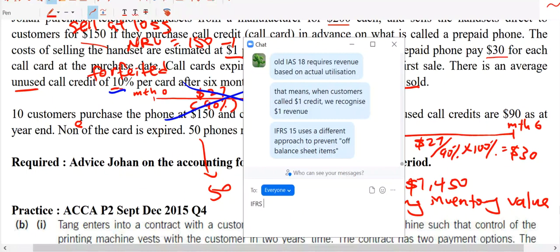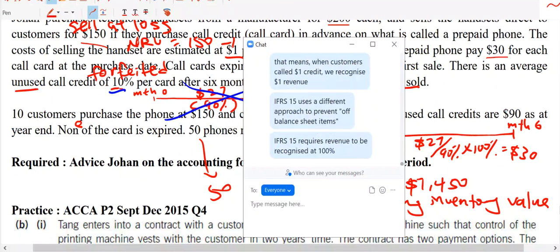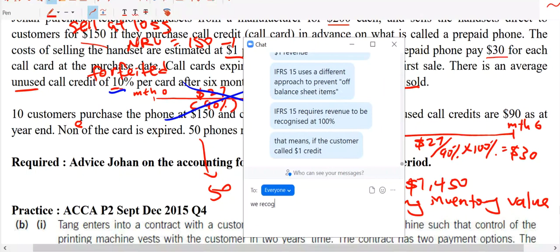So IFRS 15 requires revenue to be recognized at 100%. That means if the customer uses $1 credit, we recognize revenue of $1. Let me see how much it is. Okay, 1.11.